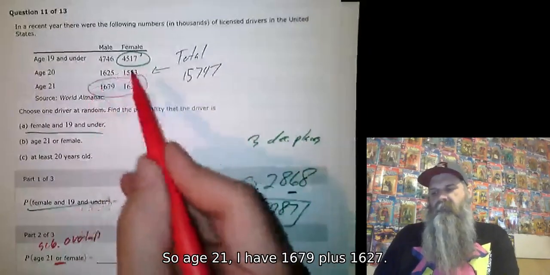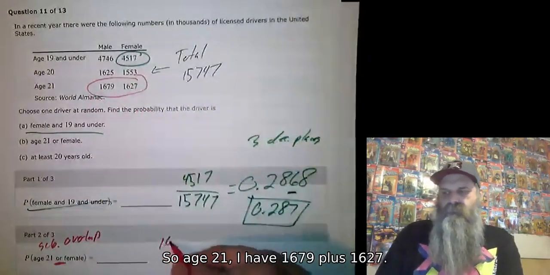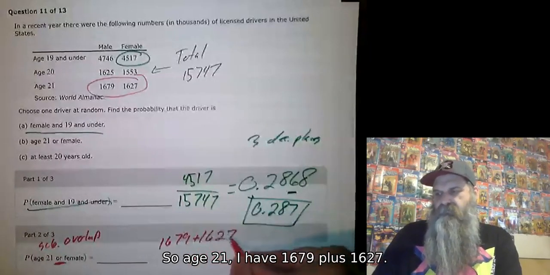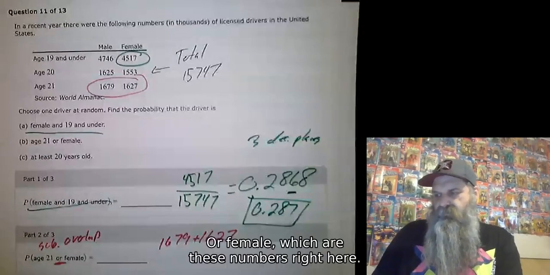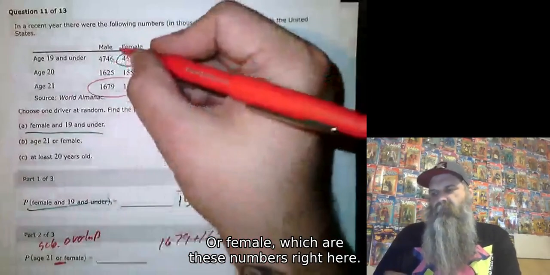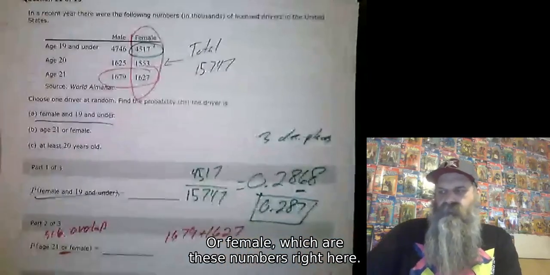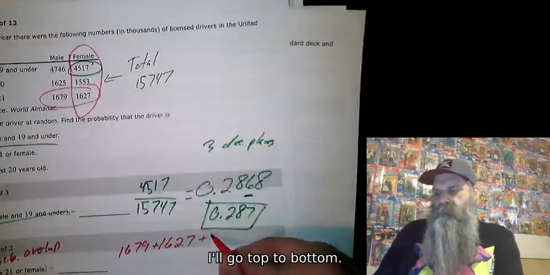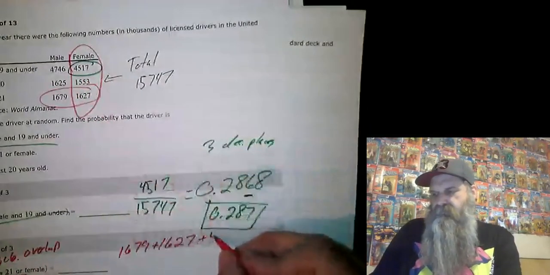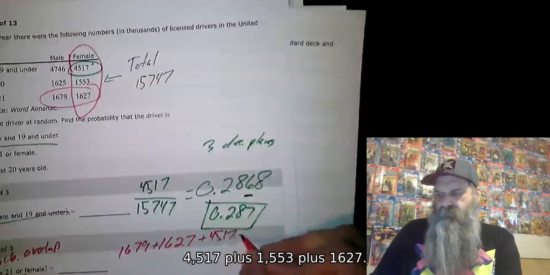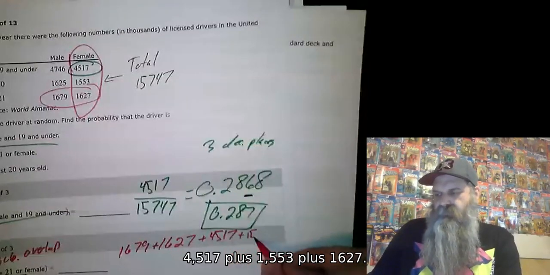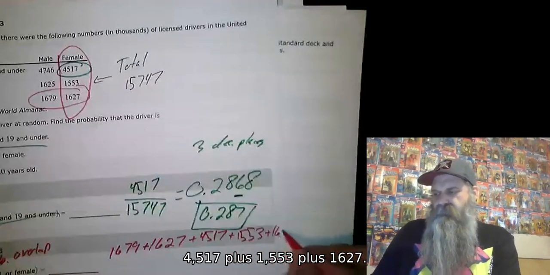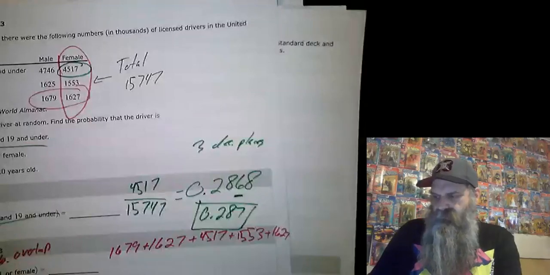So age 21, I have 1679 plus 1627, or female, which are these numbers right here, plus, I'll go top to bottom, 4,517 plus 1,553 plus 1627.